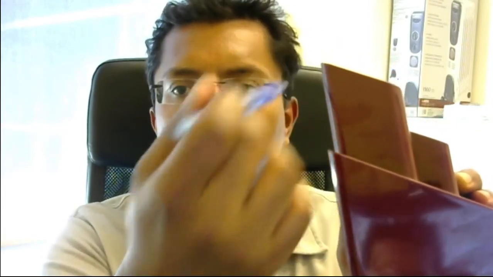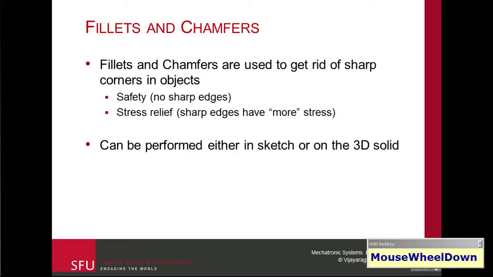This may be a little bit more obvious here, where you notice that this is not perpendicular, it smoothens out. This is a smooth transition here as well. Anywhere you have a sharp edge, similarly on this side, you notice that this is no longer a sharp transition. There's a little bit of curvature to it. This is known as a fillet. Sometimes you might have a 45-degree cut as well. That is known as a chamfer.